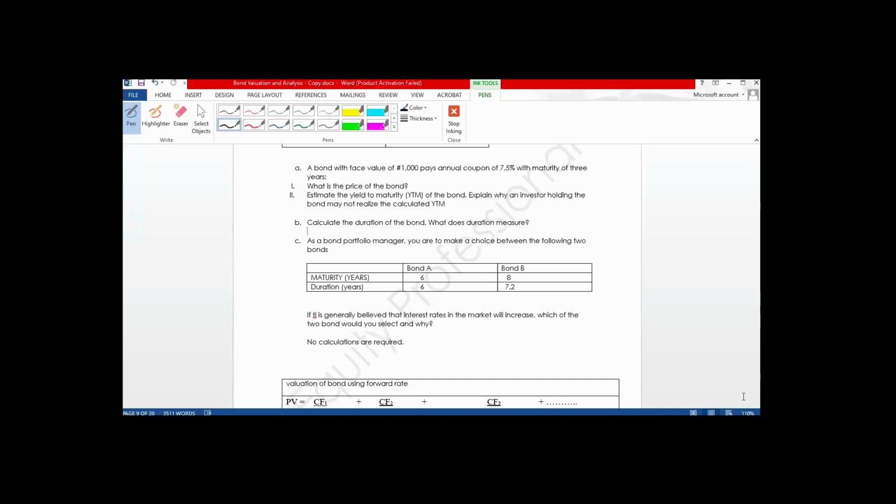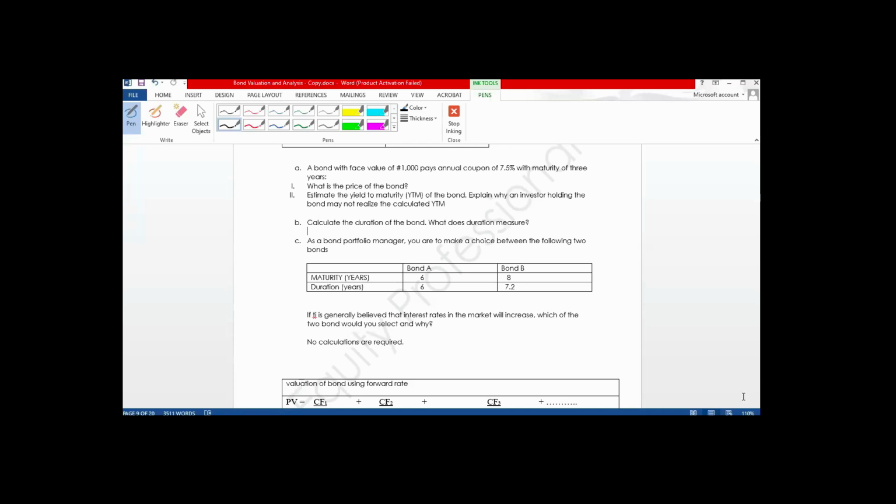Why do you want to invest in a bond with longer duration when you are aware that if the interest rate should rise, the value of the bond will fall? Why do you want to invest in bond B? Your explanation is correct, but your selection is wrong.